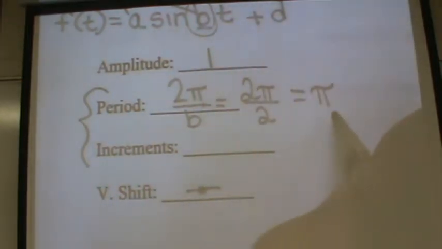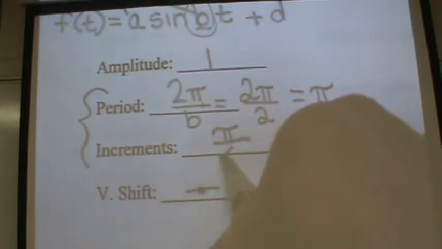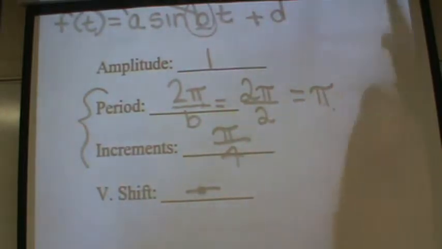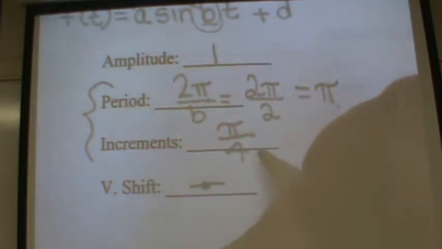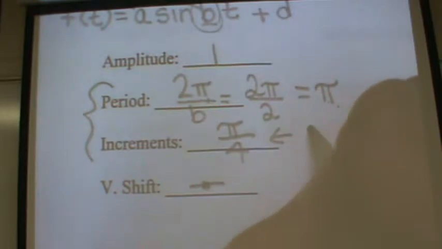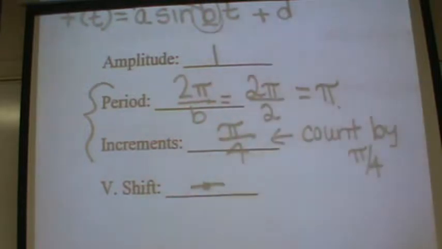So you will take the period that you got here and always cut it into 4 parts. So now, instead of your increments being pi over 2, pi, 3 pi over 2, and 2 pi, you're going to count, starting from 0, by pi over 4. That is what you need to do.